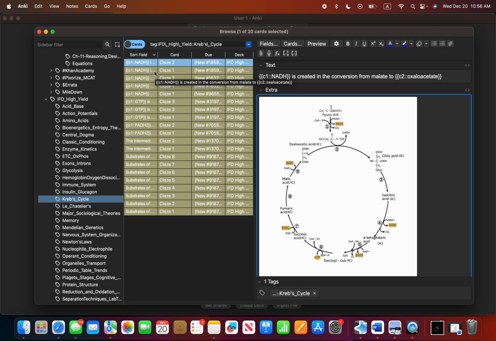Malate, NADH is created in the conversion from malate to oxaloacetate. Where is that? Do you see malate? Oxaloacetate, oxaloacetic acid should be that. Malate, same thing. So NADH is created.